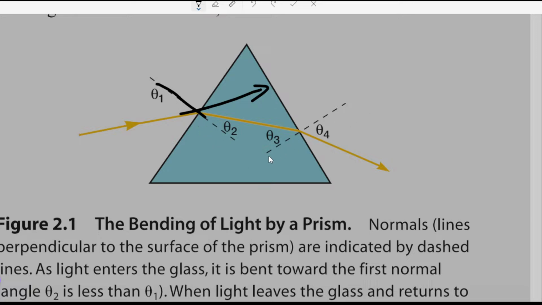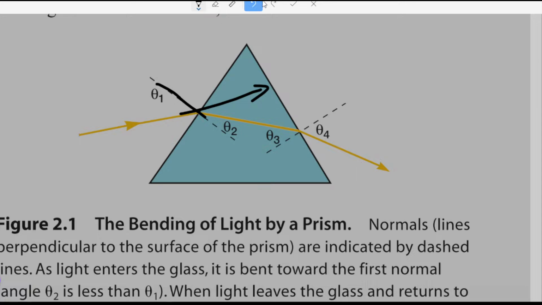And if you look at it this way, when it changes from the glass back into the medium where it came from, it changes away from the normal line. Look, isn't it changing away from the normal line? It is the opposite scenario.